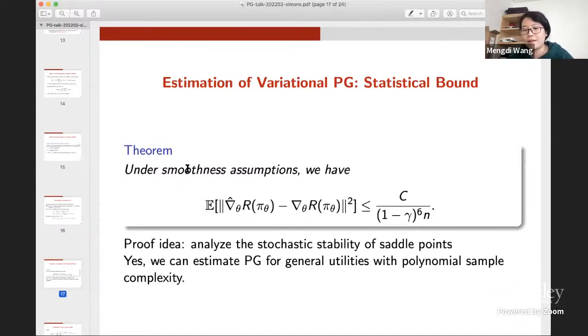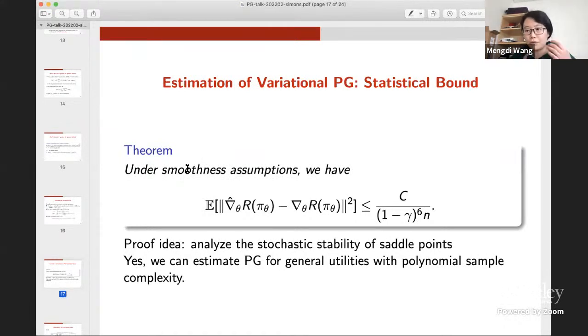And the proof is based on analyzing the stochastic stability of saddle points when objective functions are perturbed with additive errors.